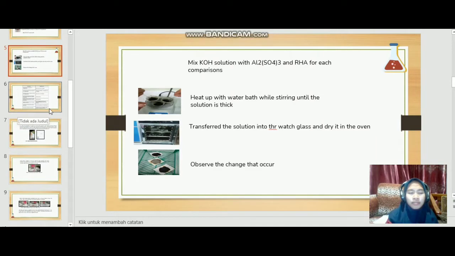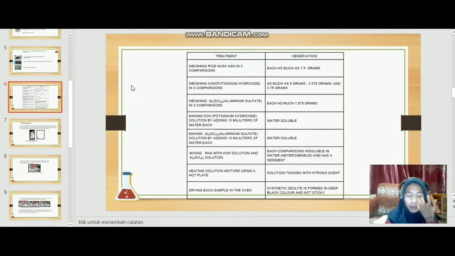Okay. Next, treatment. The first step, weigh rice husk ash in 3 comparisons. Observation: as much as 7.5 grams.